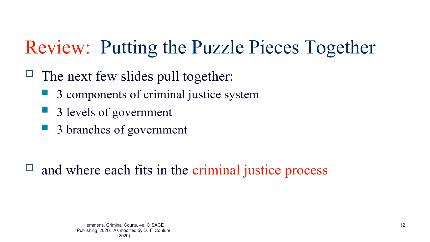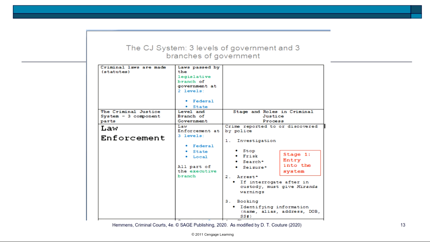Okay, so these are just a reminder. I'm not going to go through these, but in the third meeting we had together, we worked on understanding the big picture and the puzzle pieces of the three component parts of criminal justice, the level of government at which they exist, and what parts in the criminal justice process law enforcement were involved with.